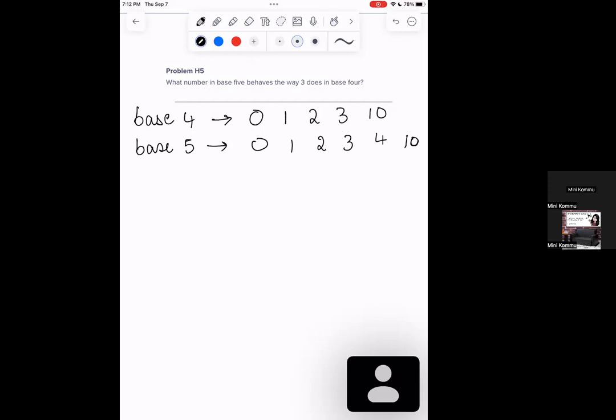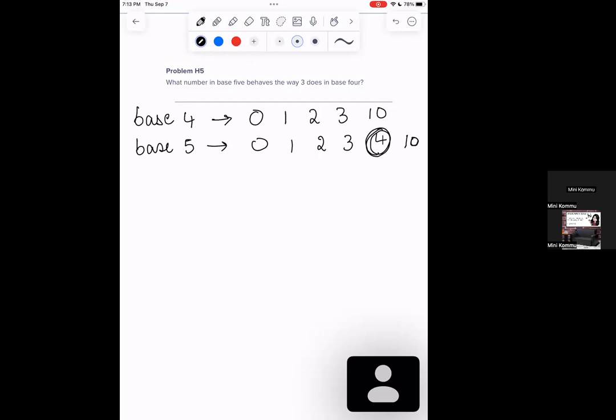Okay. So what is your question? What number in base 5 behaves the way 3 does in base 4? And the answer is 4. In base 4, 3 is the greatest digit. Adding 1 to 3 requires regrouping in base 4.